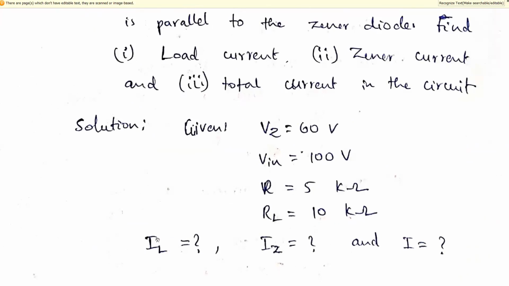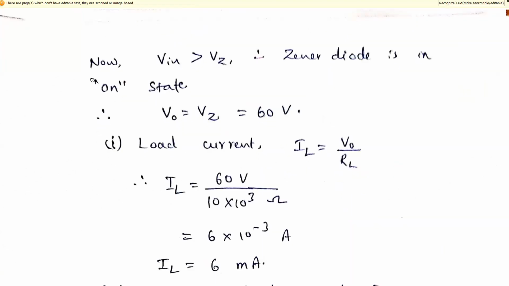You have to calculate the load current IL, Zener current IZ, and the total current I. First, identify whether the Zener diode is in on state or off state. Clearly V in is greater than Vz because V in is 100 volt and Vz is 60 volt. Therefore, Zener diode is in on state. Therefore, V naught is equal to Vz, that is 60 volt. That is the output voltage.